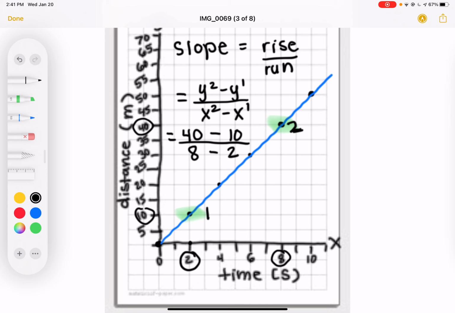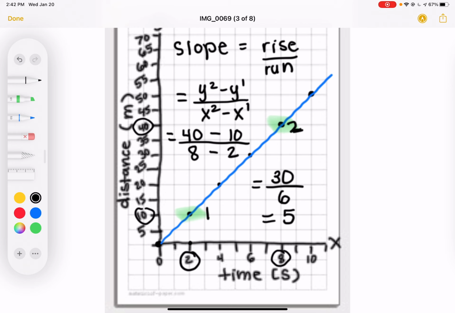So I would just calculate this out now. 40 minus 10 will give me 30. And 8 minus 2 will give me 6. All right. And then I'm going to calculate this. So 30 divided by 6 should give me, I believe, 5.